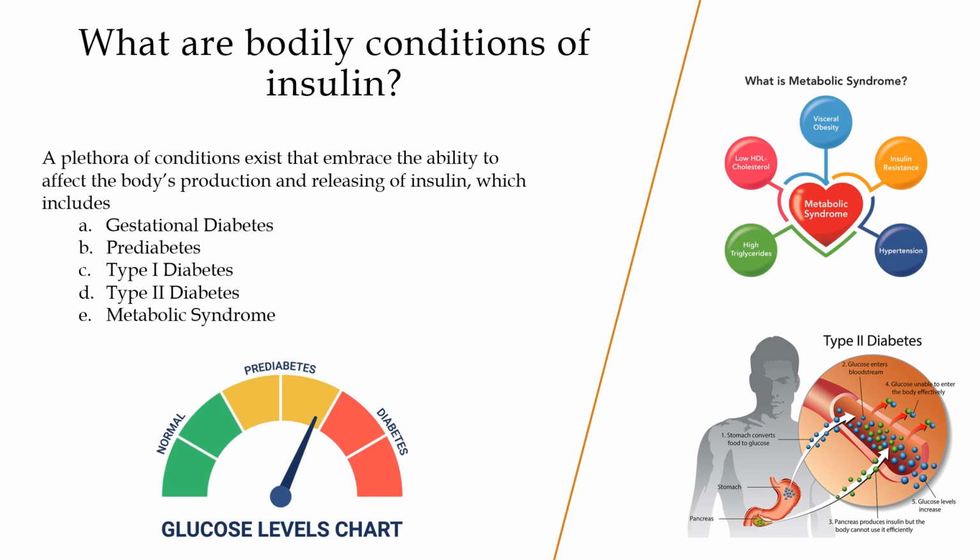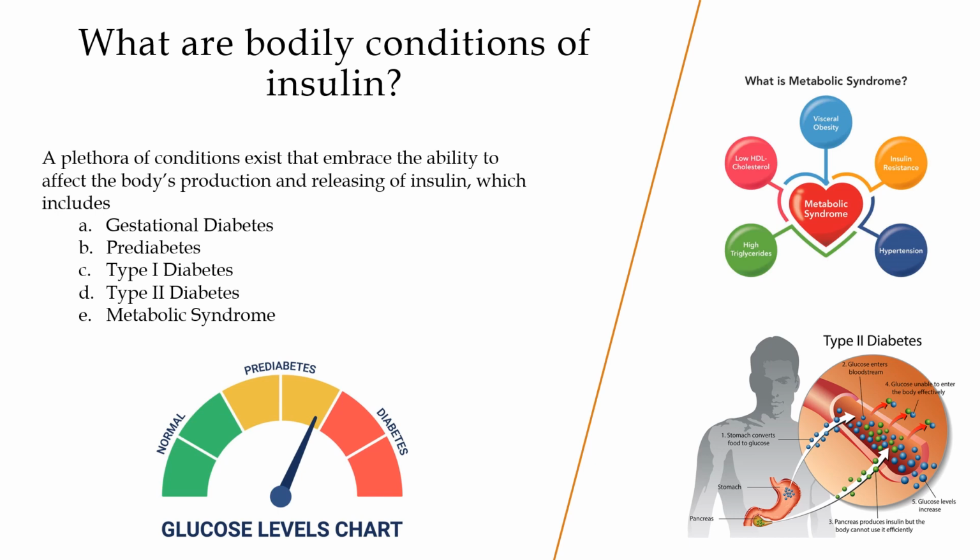Well, gestational diabetes begins during a pregnancy. Prediabetes occurs when the body has a resistance to insulin. However, the blood sugar levels do not reach a diagnosis of type 2 diabetes when a person is at the stage of being pre-diabetic.